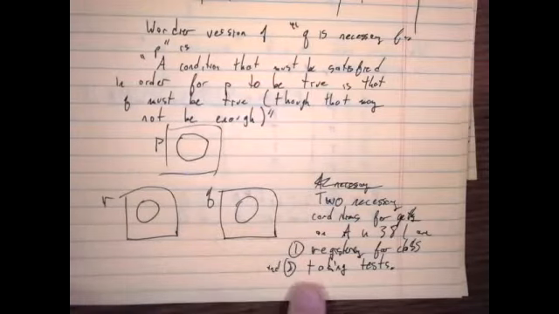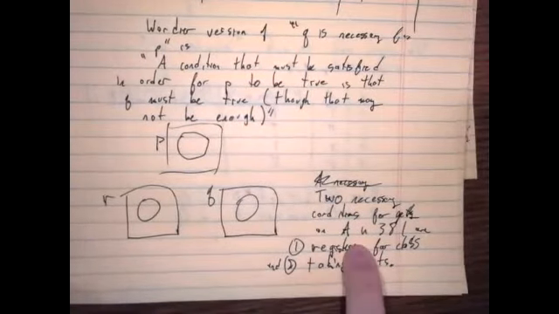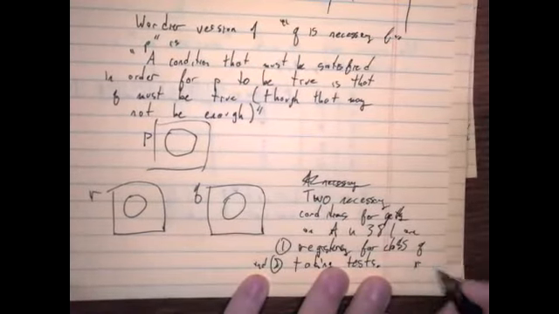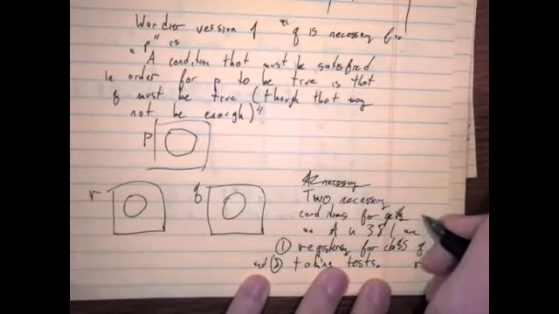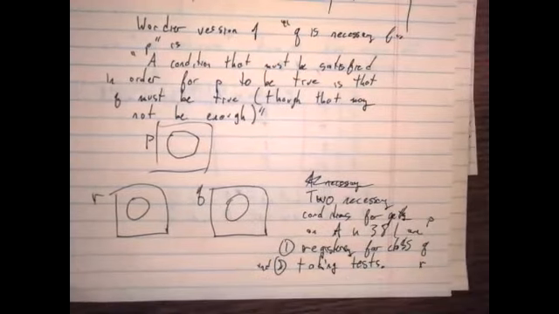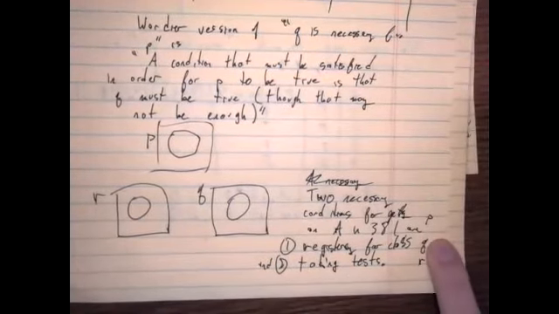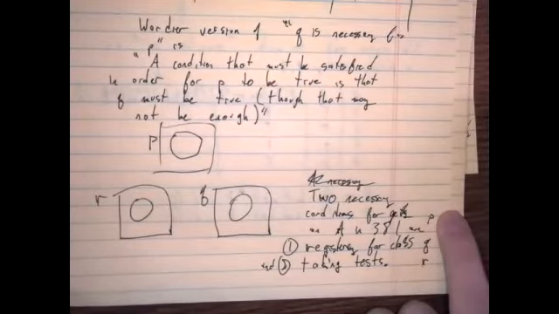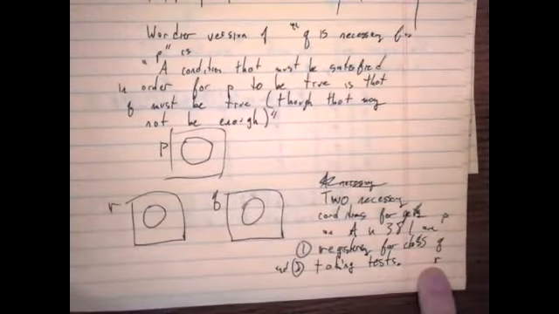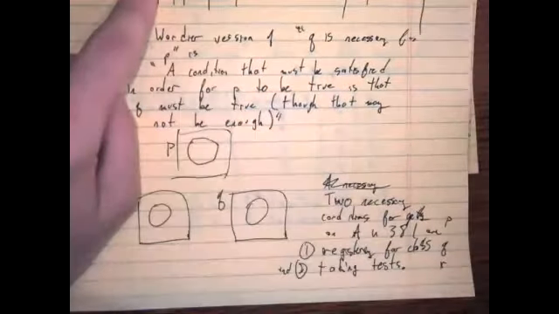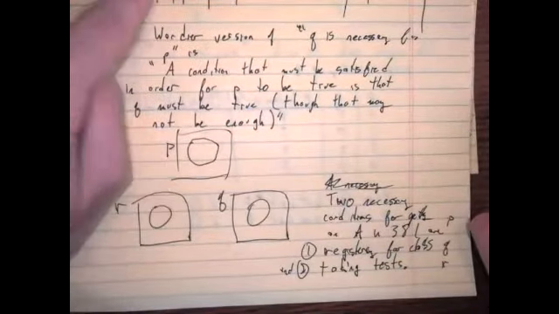So it's quite possible that you could register for this class. So this is like Q, and this is R, and this is P. It's quite possible that you registered for the class, but you didn't get an A in the class because you weren't taking any tests. It's still true that Q is a necessary condition for P. It's just not sufficient.